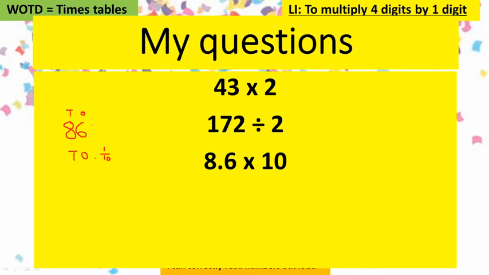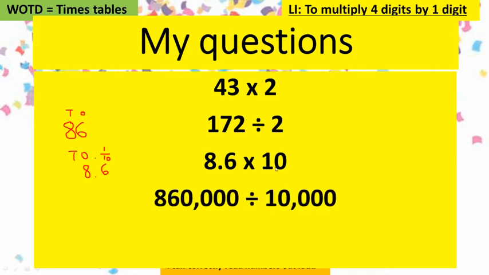If I'm dividing my answer by 10 to work out my question, everything moves to the right once. So my tens column moves to the right once. So if it was in the tens, it's now going to be in the ones. I need to put my decimal point in. And then my 6, they're in the ones, so they're going to hop over 1 to the right. It becomes 8.6. So I know that 8.6 times 10 is 86.